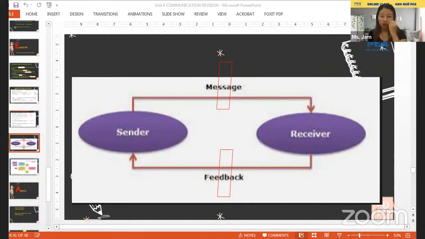What affects Lisa's conversation with a friend is the personal filter, because they have different personal opinions about what they like. They don't agree with their own personal filter. So that's why there's misunderstanding.